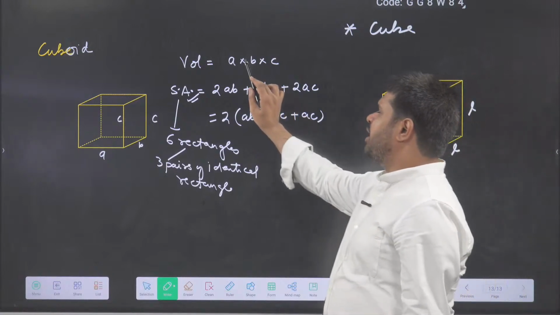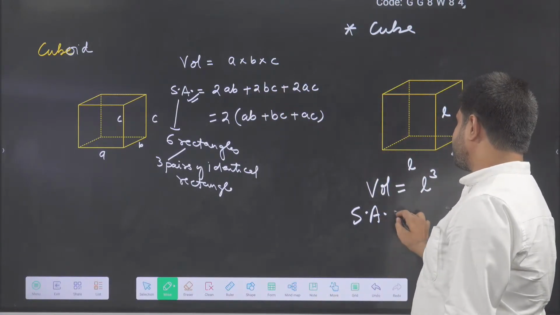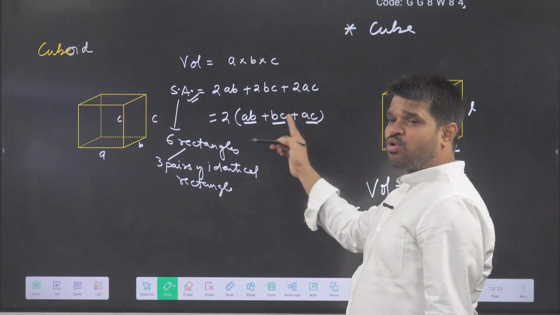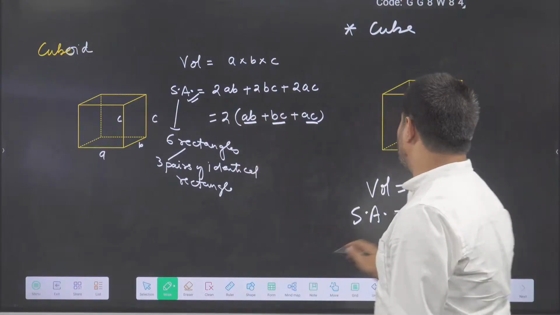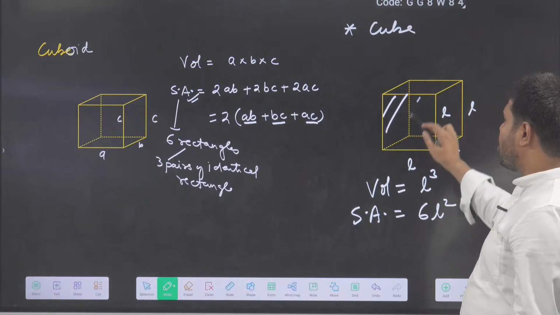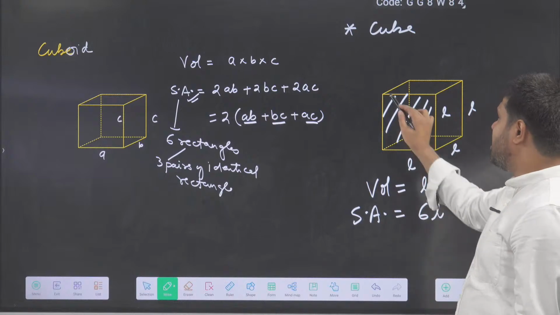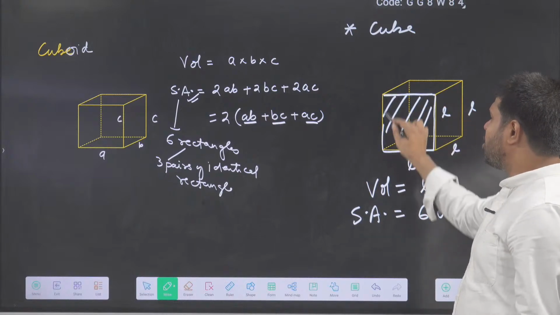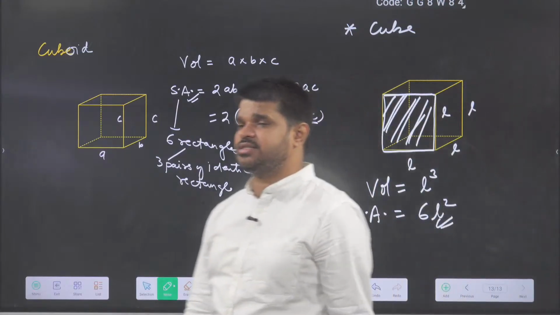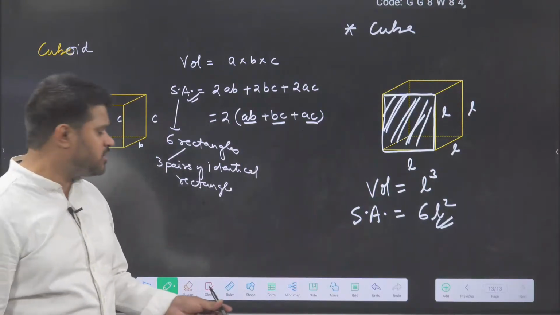Volume is L cube, L into L into L. And surface area is L square plus L square plus L square, 3L square into 2, 6L square. Or you can say there are 6 faces and every face is a square. What is area of one square? L square. How many such squares are there? 6. So 6 into L squared. Write it fast.